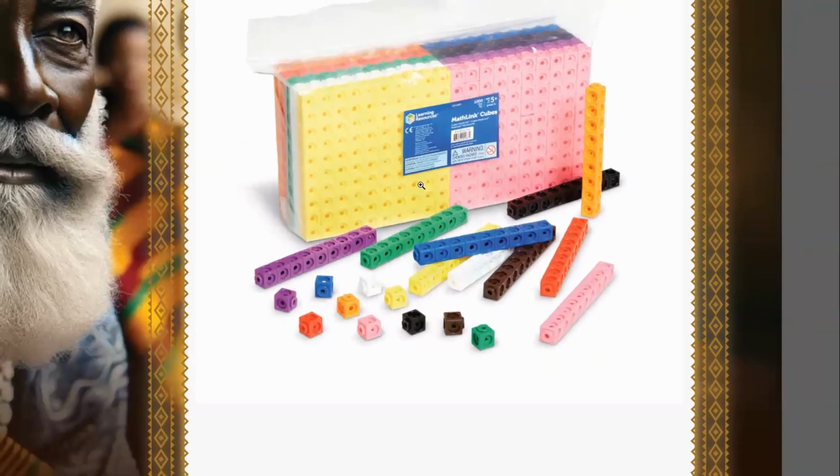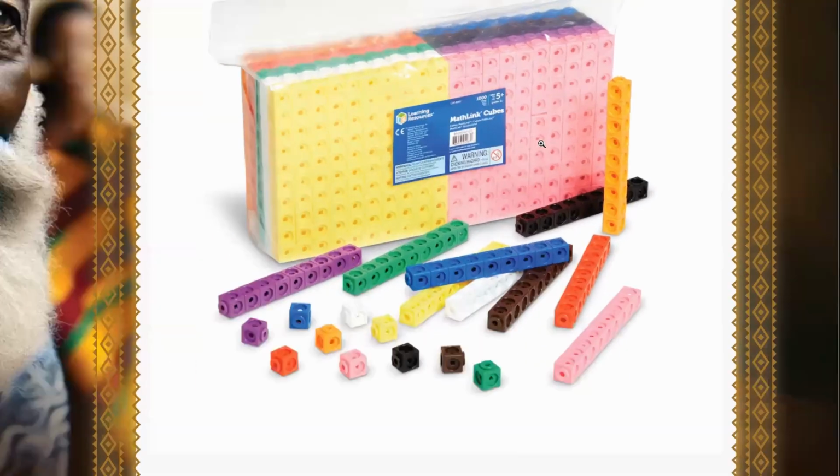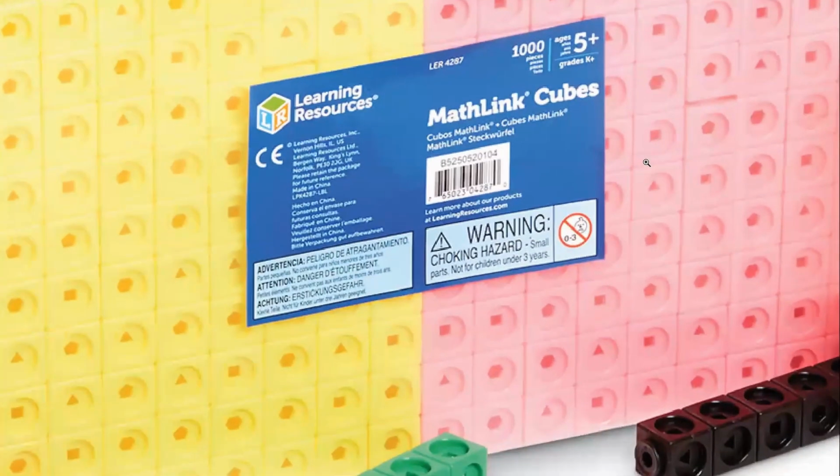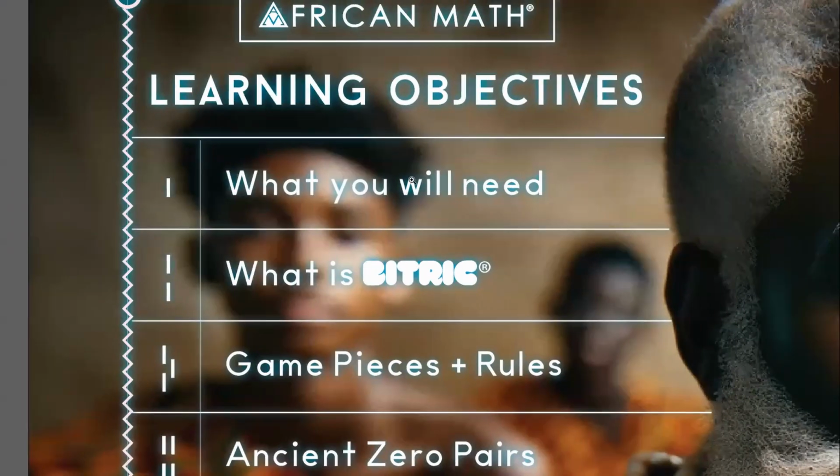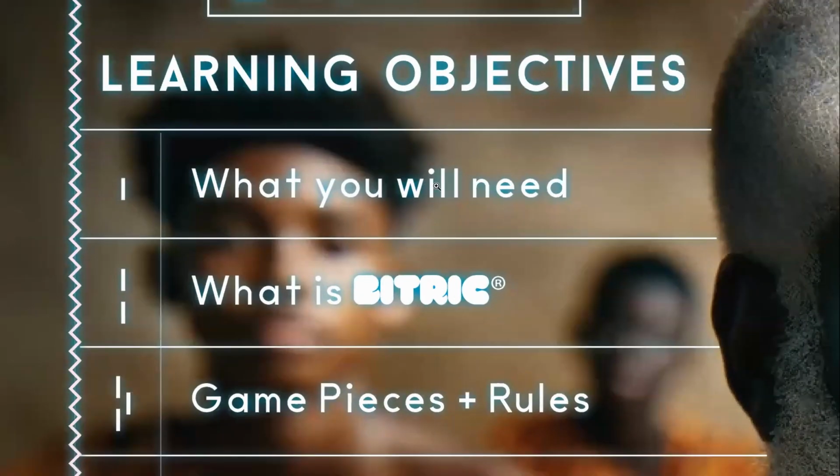So the only way you can get that 100 is if you get the 1,000 piece set. So that's what you're going to need if you want to follow along and play this fun African math game with us. You don't need your pieces right now. Please watch the video. You're going to see how we're going to use them later.